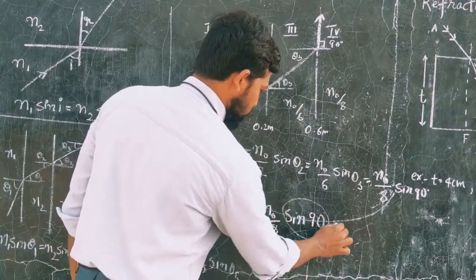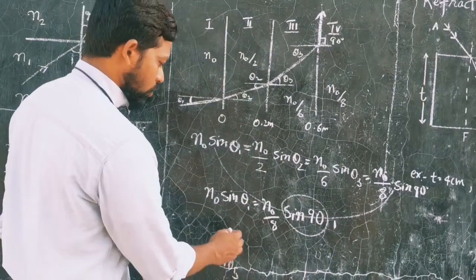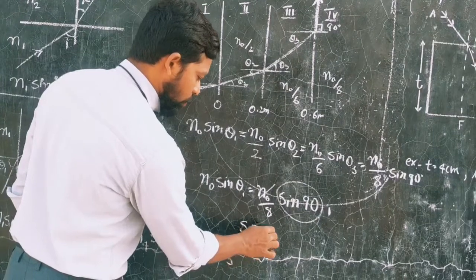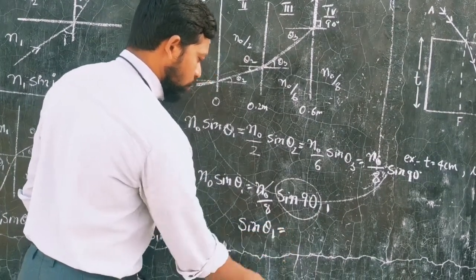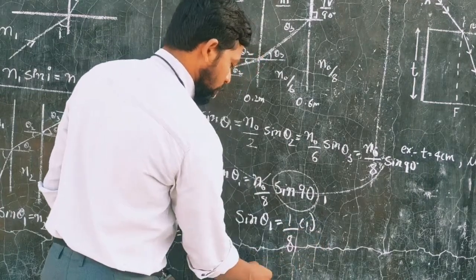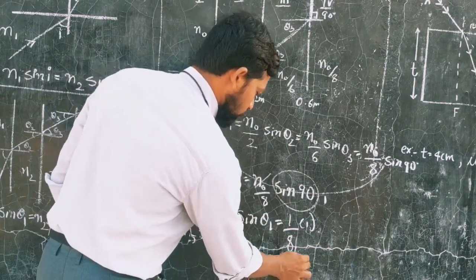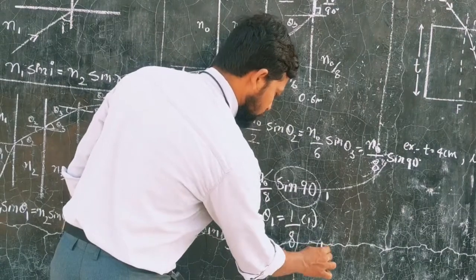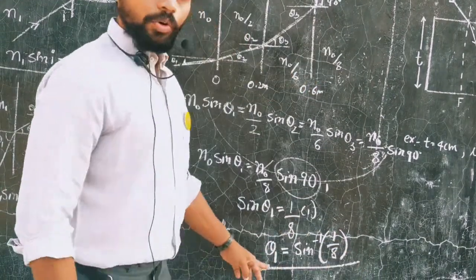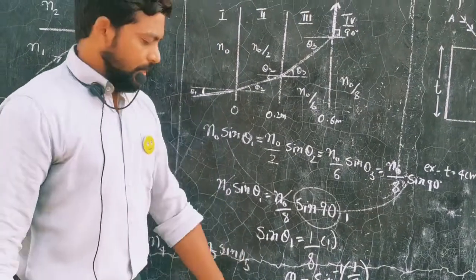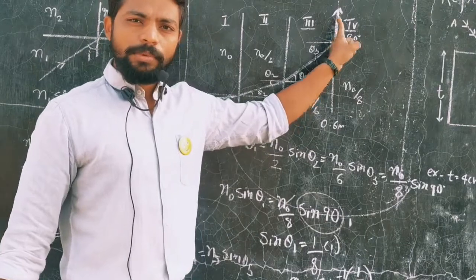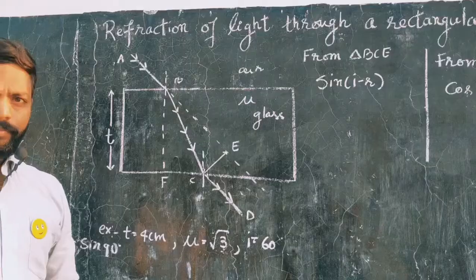This value becomes 1, so n0 gets cancelled. Here we are left with sin theta 1 is equal to 1 by 8. Then theta 1 is equal to sin inverse of 1 by 8. So we found the answer. This is the angle of incidence for which the light does not emerge into the fourth medium.